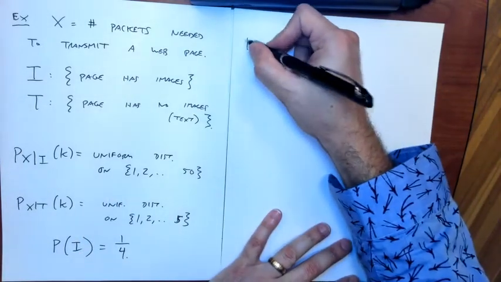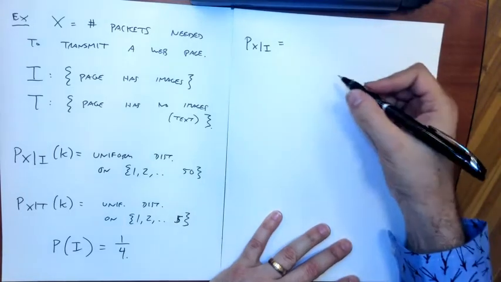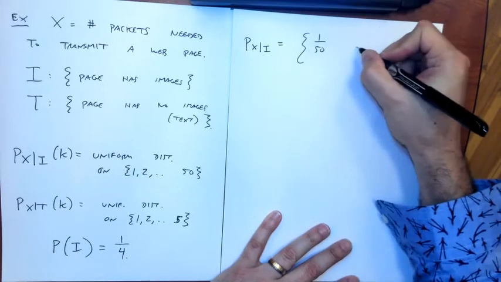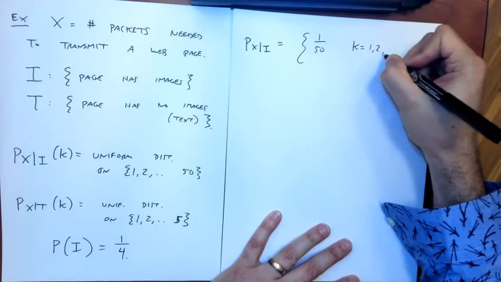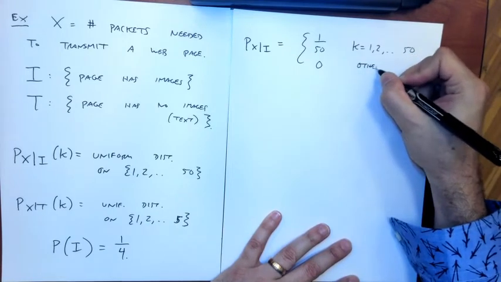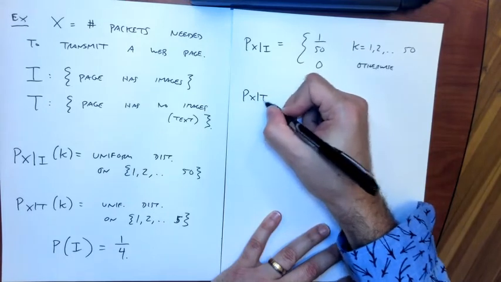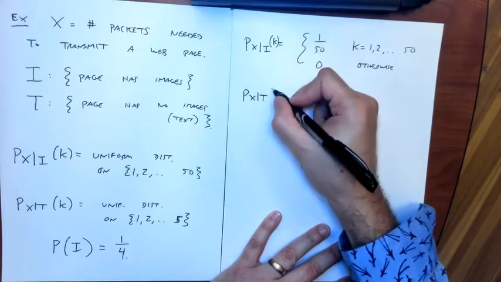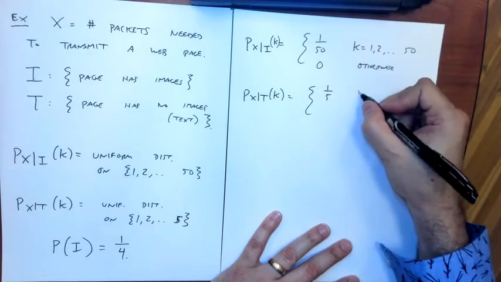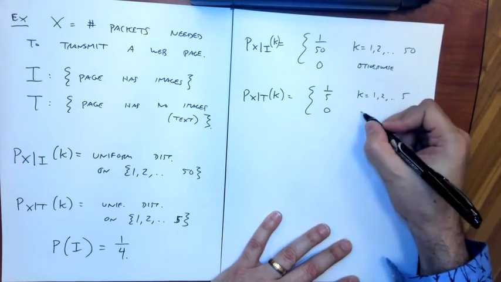The PMF in the image case is going to be equal to 1/50th for values 1 through 50 and 0 otherwise. And the PMF for a text page is going to have possible values 1 through 5 with probability 1/5.